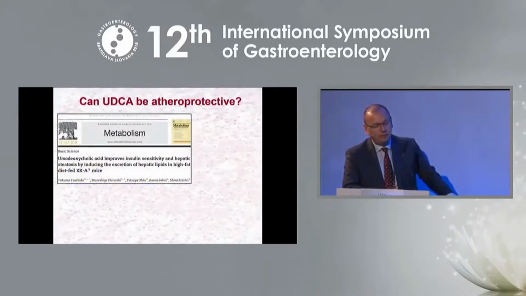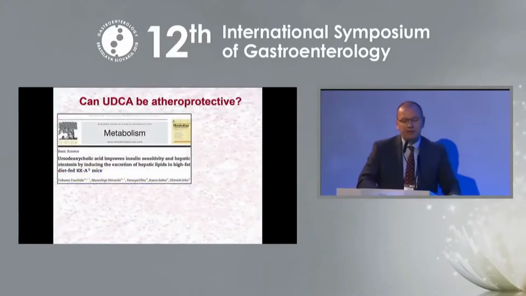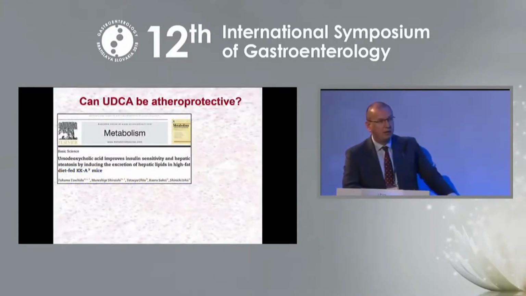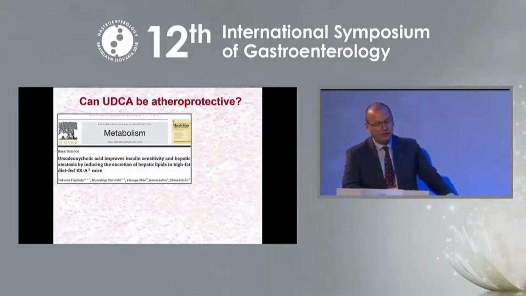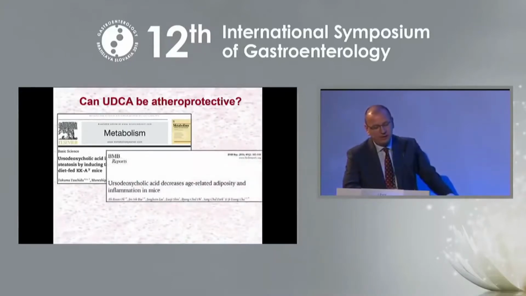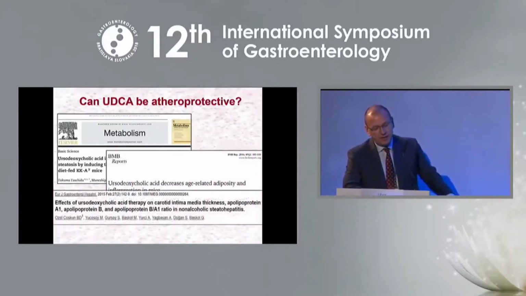So, a few examples: knowing and taking into account the fact that UDCA is not a good modulator of FXR and TGR5, it still was proved to have effects on glucose metabolism, as can be seen here in these animal studies.